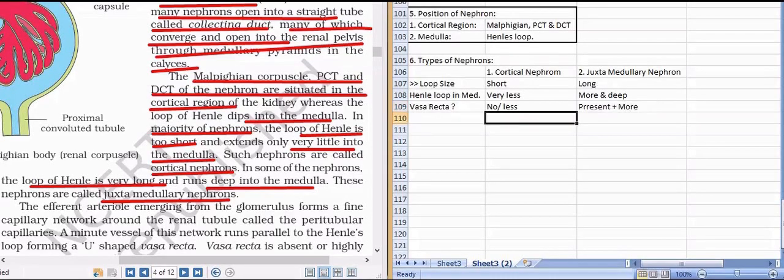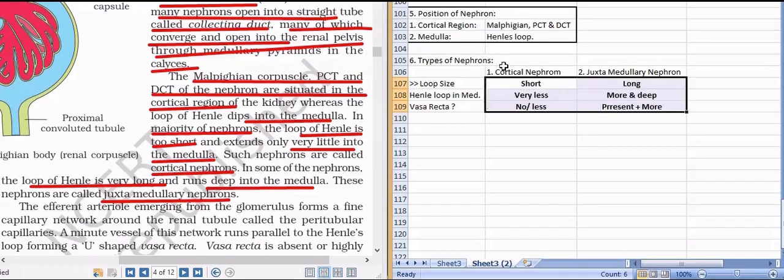So this is about the topic. Short and long. Remember the difference between these two.